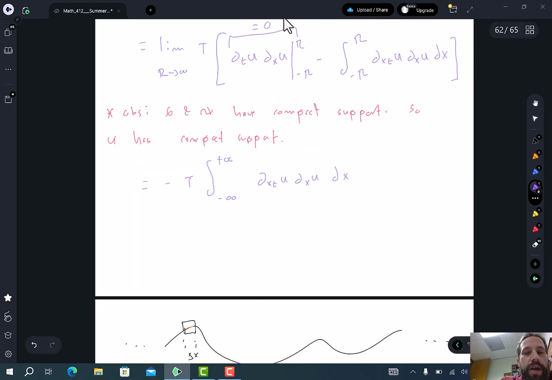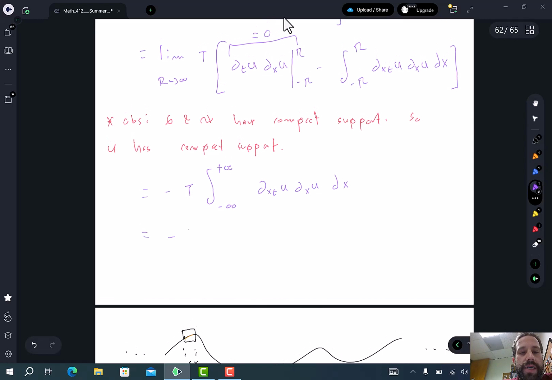Okay, so now we're going to make this inspired guess here. If I look at this right here, this looks like something that we might have gotten when doing the product rule, or sorry, the chain rule with the t derivative. In particular, this is equal to minus t times the integral from minus infinity to positive infinity.